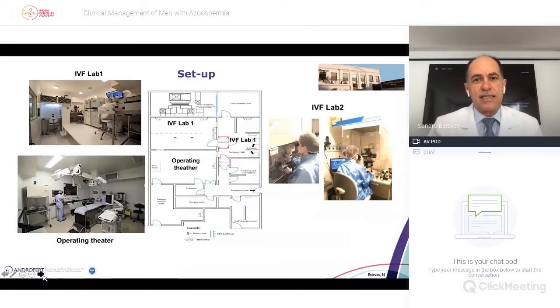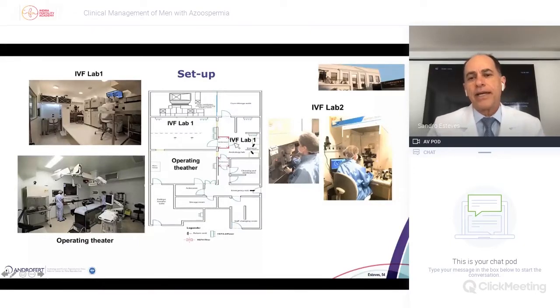One thing that I consider of utmost importance is the laboratory setup, which has to be coordinated with the operating theater. So at Androfert, we have the operating theater connected with the IVF laboratory. Here you see the operating theater. Next door, I have one IVF lab, and next to it, I have the second IVF lab.